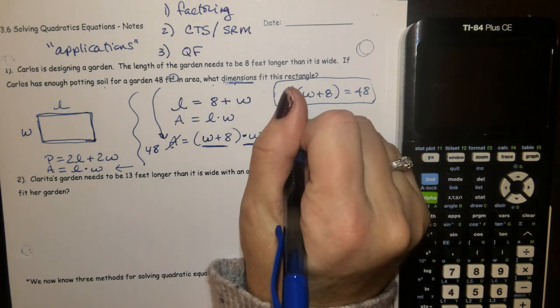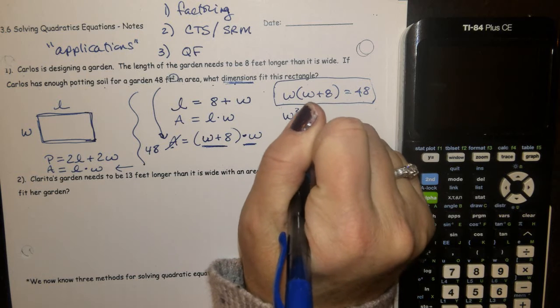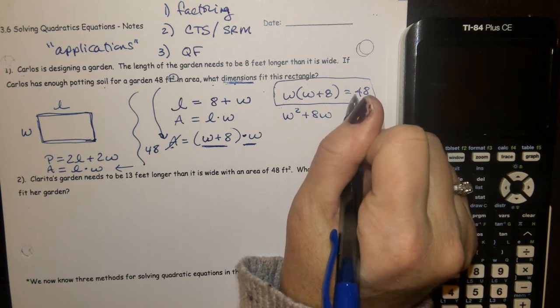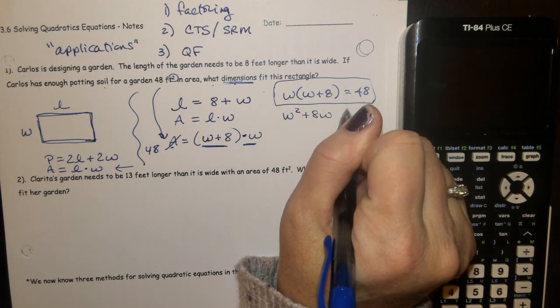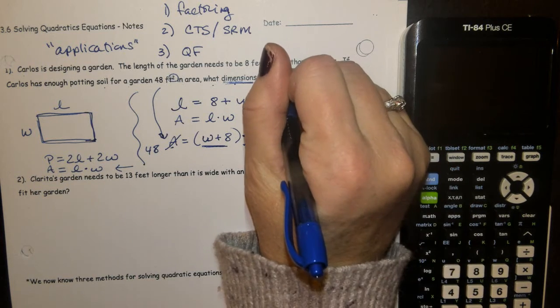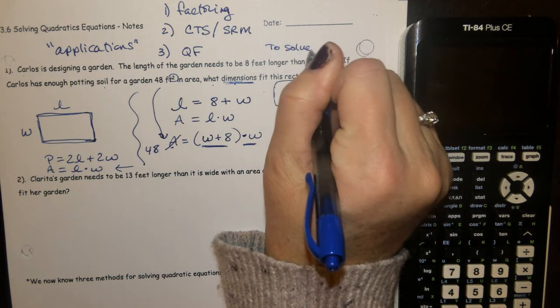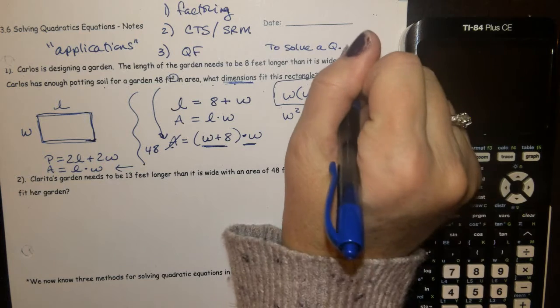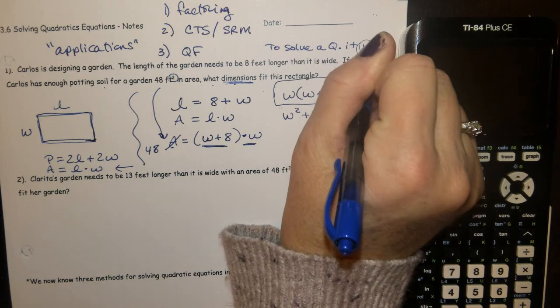So we're going to distribute the W: W squared plus 8W. Now this is equal to 48, but let's recall, to solve a quadratic, it must equal 0. Can I abbreviate quadratic? Because I'm going to run out of space.